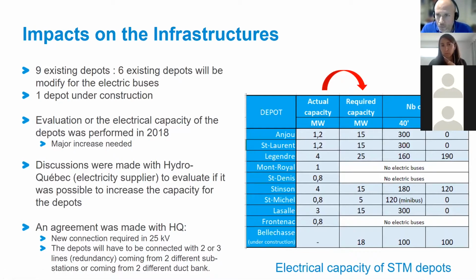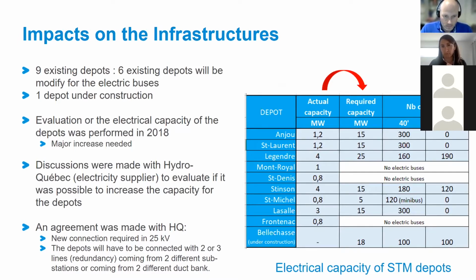So in 2018, we started discussions with Hydro-Québec, which is our electricity supplier in Quebec, to evaluate if Hydro-Québec was able to feed us with this new capacity. And well, the answer is yes, they can feed us. So we made an agreement with Hydro-Québec.